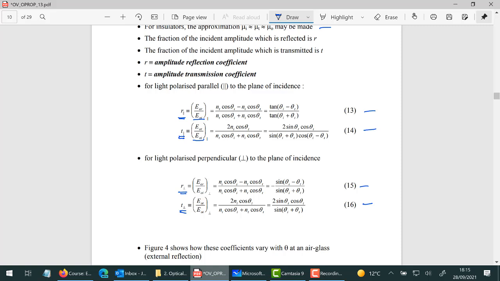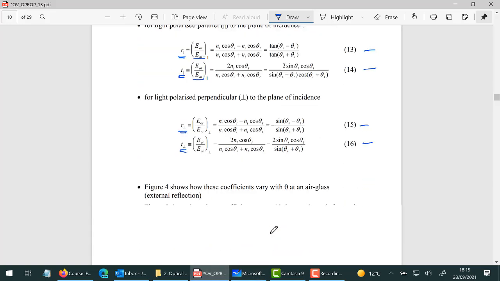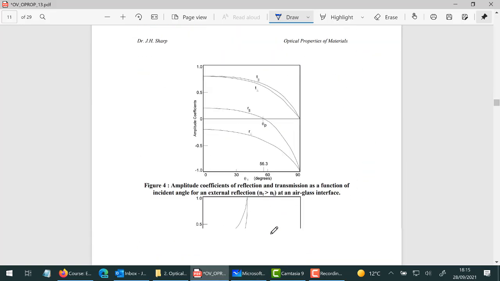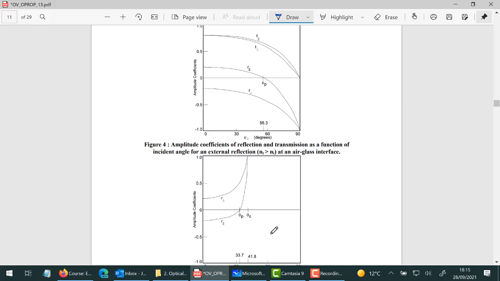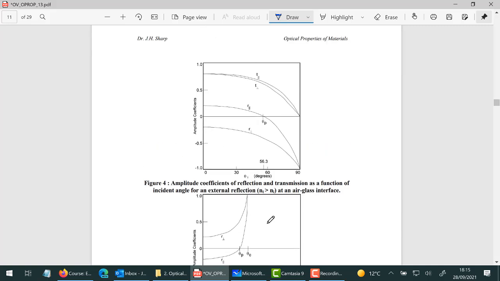Now we can plot those curves, and what we'll see is going from a low refractive index into a high refractive index. So when Ni is less than Nt, then we get a set of curves that look like this.